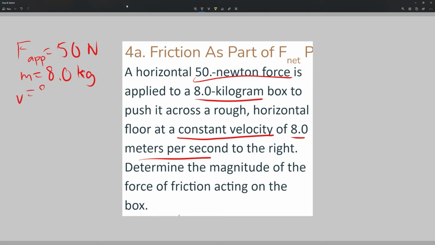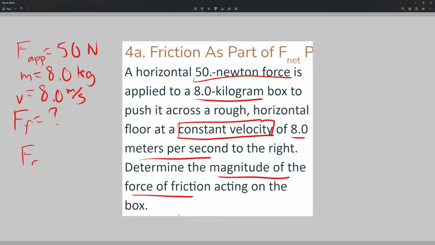This velocity is not necessary, you don't need it. The question says, determine the magnitude of the force due to friction acting on the box. If you're moving at a constant velocity, you should know that your applied force is equal to your force due to friction. So your force due to friction here is 50 newtons, and that's the answer.